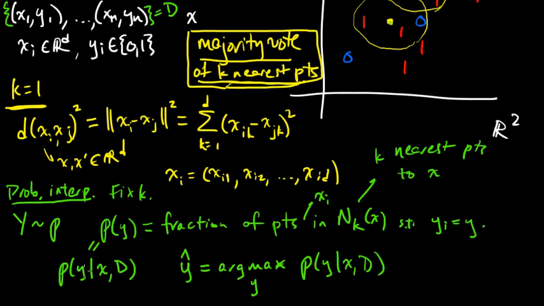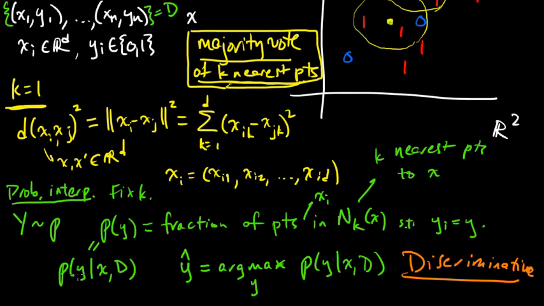Going back to another video, I described the distinction between generative and discriminative models. Since this model only defines a probability distribution over the y's conditional on the x's, this is a discriminative model, as opposed to generative, because we don't have any distribution for generating the x's.